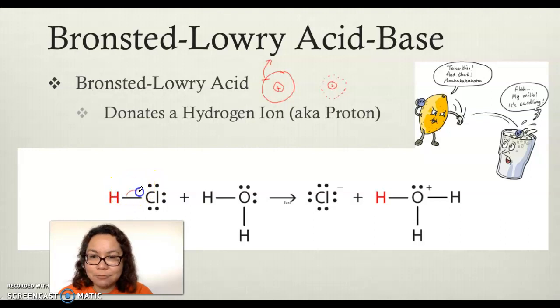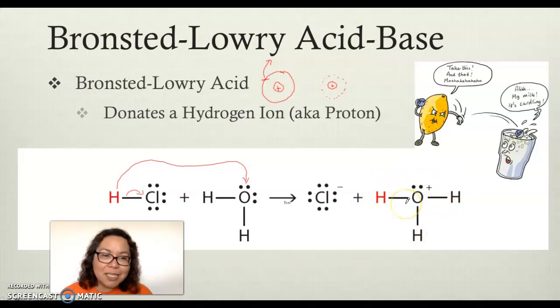So this hydrogen will give an electron. So now it's just an ion that will now join this water molecule, resulting in this ion called a hydronium ion. Hydronium ions are protonated water molecules, as in it received a proton. It's no longer H2O, it's now H3O with a positive charge. So this one is the acid because it donated that hydrogen onto this water molecule.